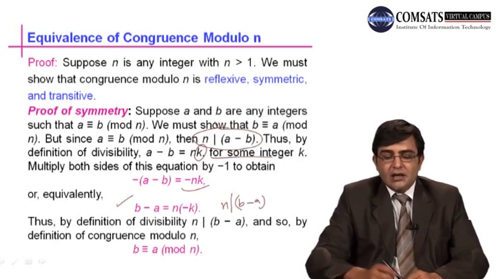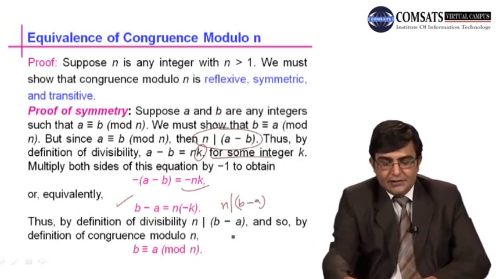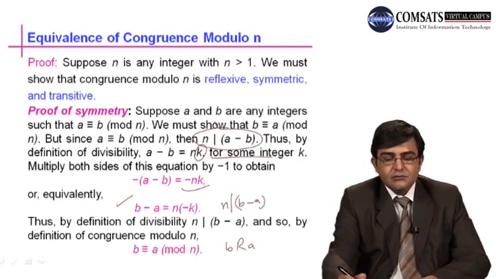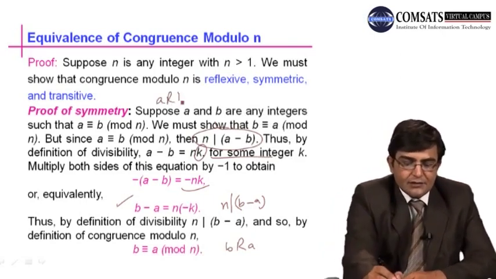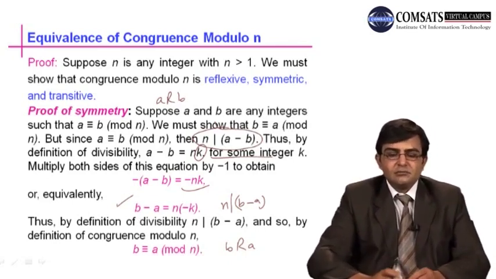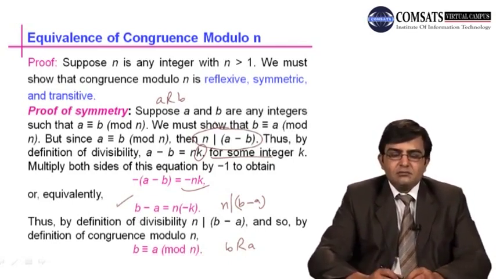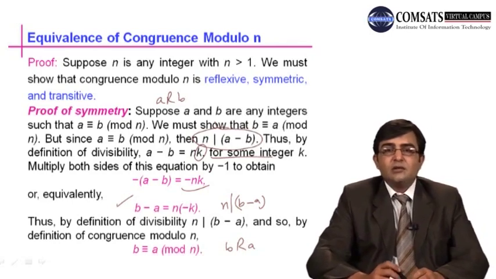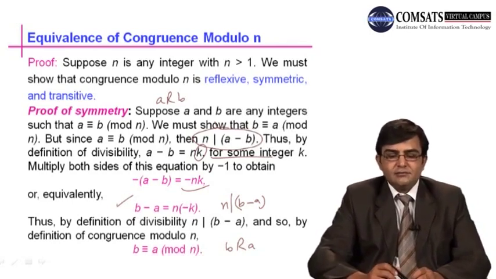Therefore b is related to a. Here we have supposed that a is related to b, so we have proved that b is related to a. Therefore this congruence modulo n relation is symmetric.